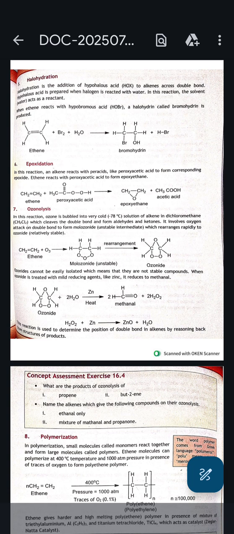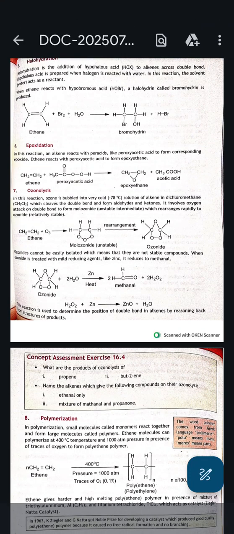So it will give bromohydrin plus HBr. So here basically we have 4 hydrogens, and one bromine gets attached to carbon 1, and the hydroxyl from water gets attached to carbon number 2. So the product is bromohydrin.